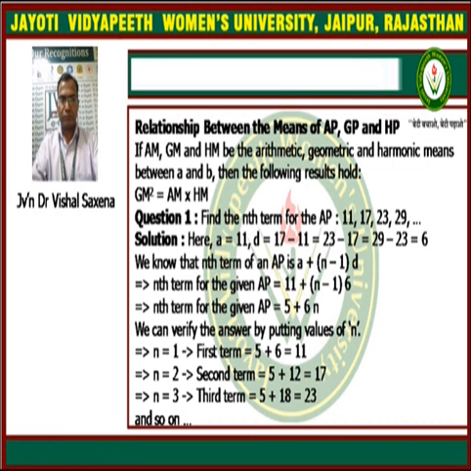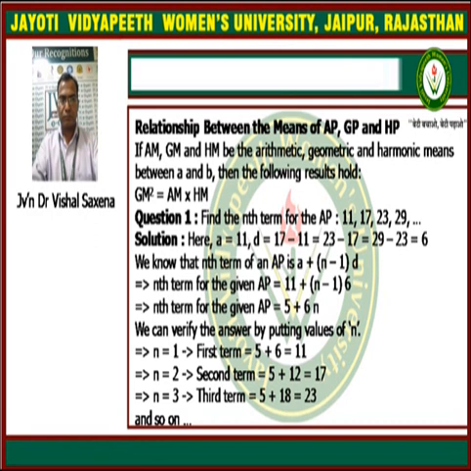So 6 is the common difference D. First we have to find the nth term formula. The nth term is given by A plus n minus 1 into D. A is 11 and D is 6. Just put the values of A and D in this formula and we will find 5 plus 6n as the nth term of the series.